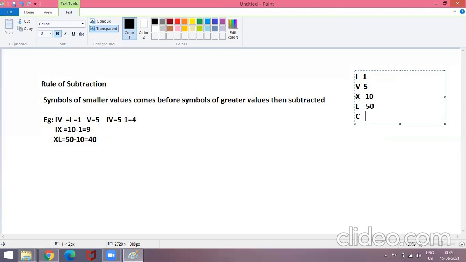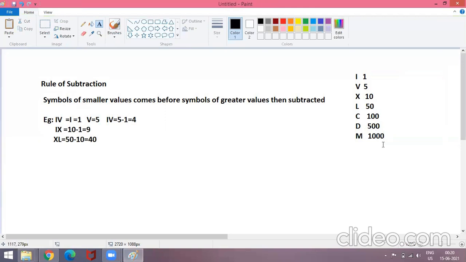For C, it is 100. D is 500. And for M, it is 1000. We'll highlight this. So you can refer to this. So this rule is done. The rule of subtraction is clear for you now.